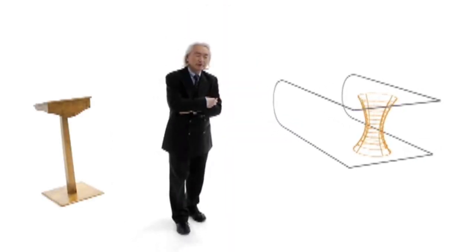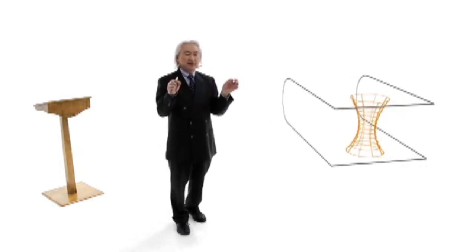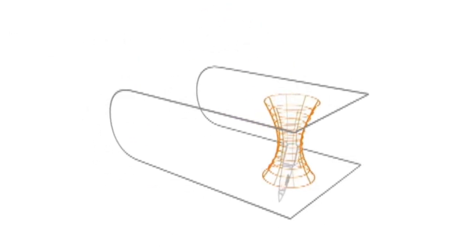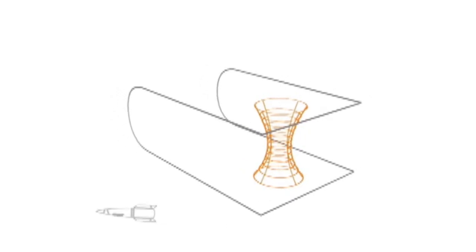Think of taking a sheet of paper and putting two dots on it. The shortest distance between two points is a straight line. But if I can fold that sheet of paper, then perhaps I can create a shortcut through space and time, called a wormhole. This is a genuine solution of Einstein's equations.